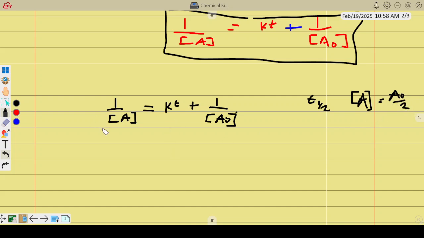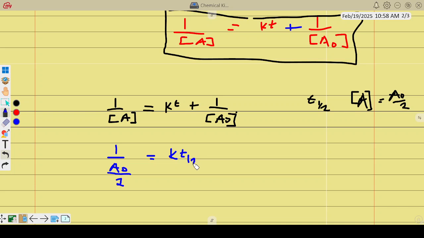That's a simple trick to know. So we're going to have 1 over A, where A is A naught over 2, we simply divide the initial concentration by 2. So this is equal to KT.